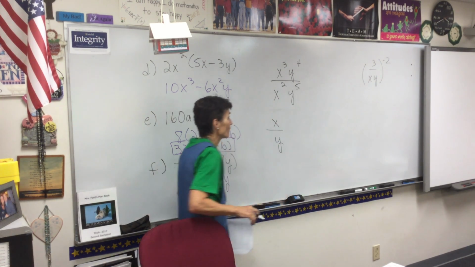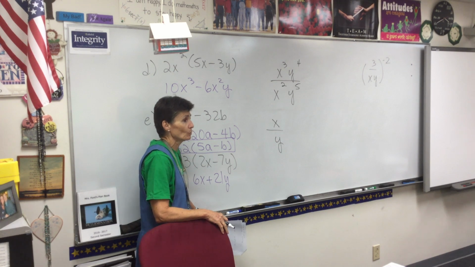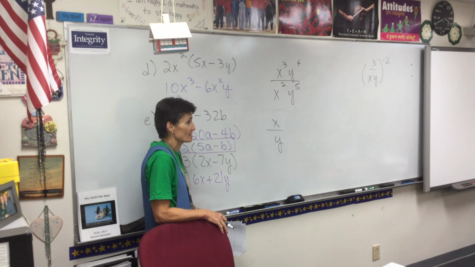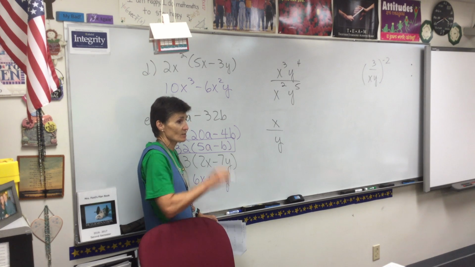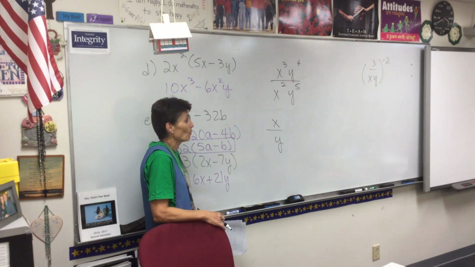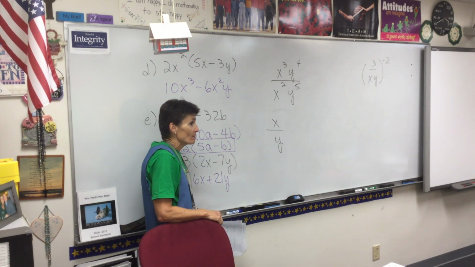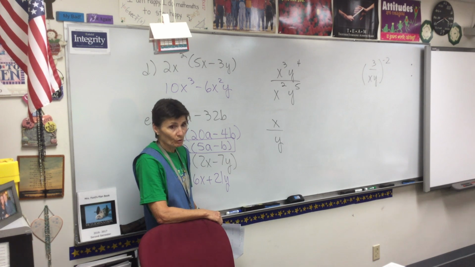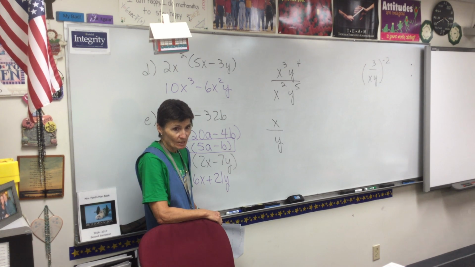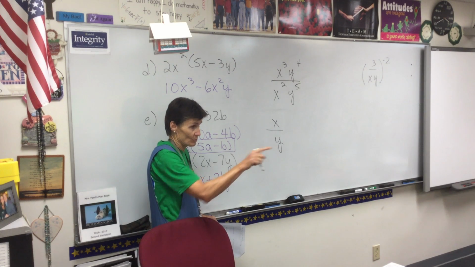Nothing difficult about it. I'm not memorizing any rules. I'm just using my common sense. I have one extra x on the top and one extra y on the bottom. The next one is a little bit more complicated. How in the world do we raise things to negative powers?